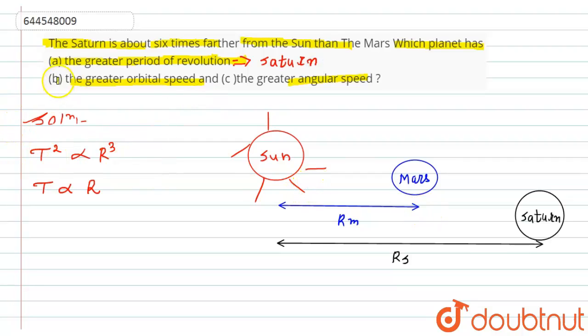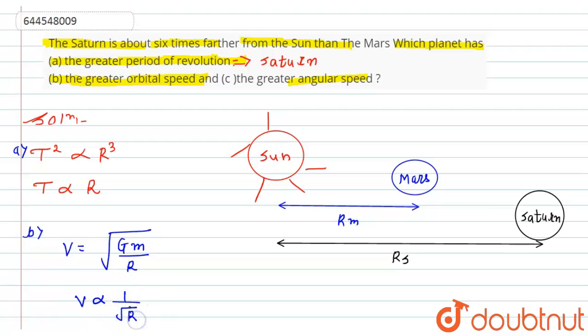Now let's see the second question, that is the greater orbital speed. Here we have solved A, now for B we have to find out of these two, Mars and Saturn, which has the greater orbital speed. For this we simply use the formula of velocity of a satellite, that is V equals under root of capital G into capital M divided by r, where M is the mass of the Sun. So from here we can say that the velocity is inversely proportional to the square root of r.